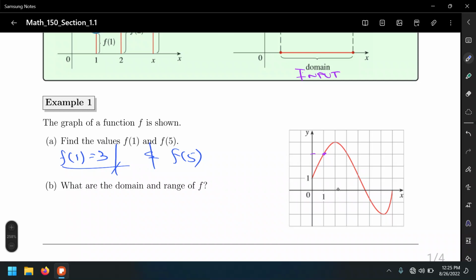Well, let's count them: 1, 2, 3, 4, 5. And our output looks like, it's not even 1, looks like 3/2 maybe. Is it? 1, 2, 3, 4, 5. Yes, it looks like 3/2 sort of. Negative actually, right? Negative. Yes.